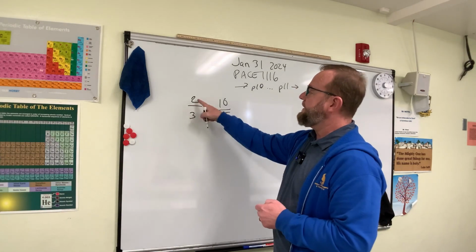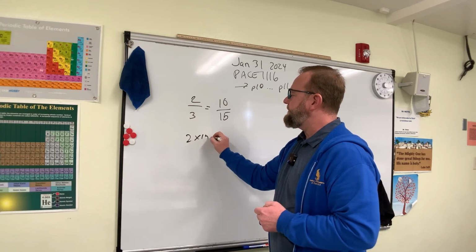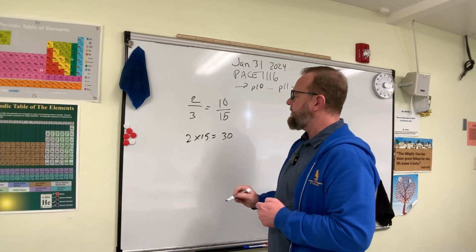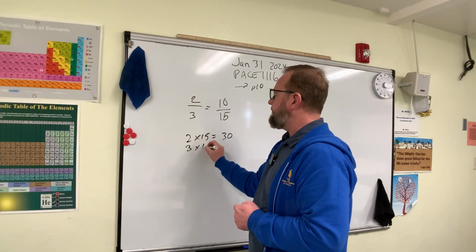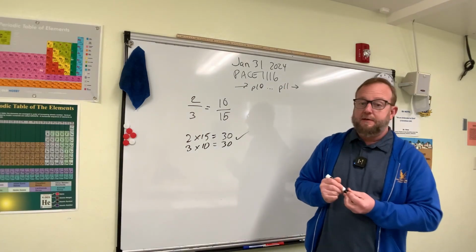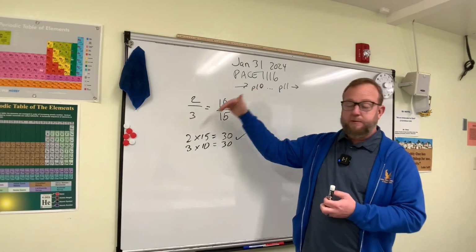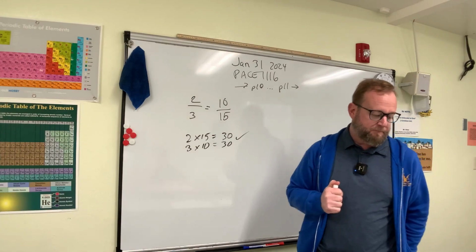One test is 2 times 15. 2 times 15 is, in fact, 30. And 3 times 10, 30. Since the product of the extremes equals the product of the means, then this is a proportion, and you would write yes for number 9.